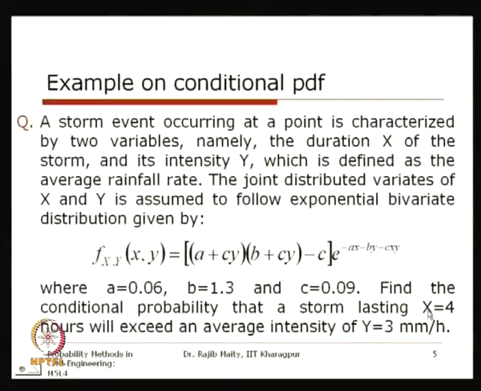As I just told, if the duration increases, then the intensity will decrease. So, we should obtain the distribution of y conditional on x, where the condition is that x equals 4 hours. Then we have to determine the probability that the average intensity will exceed 3 millimeter per hour.